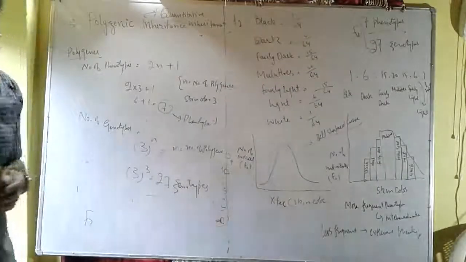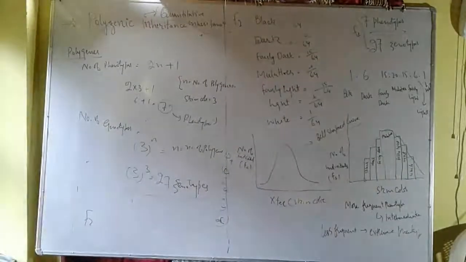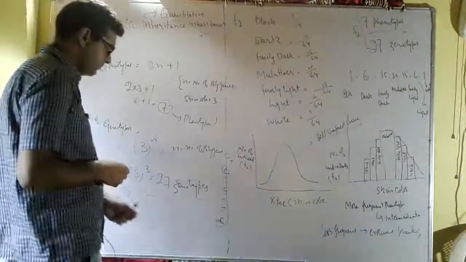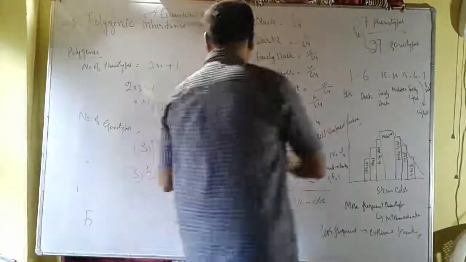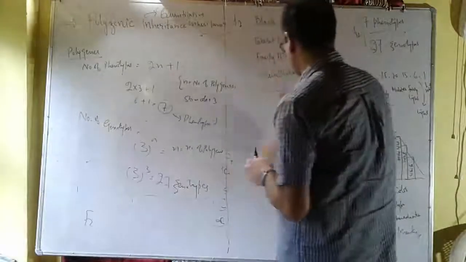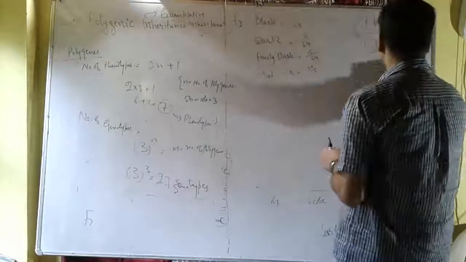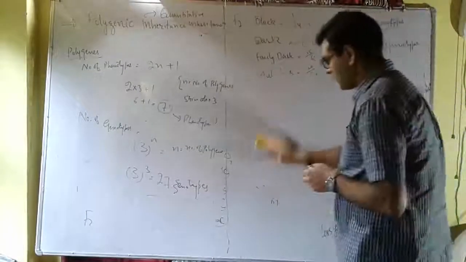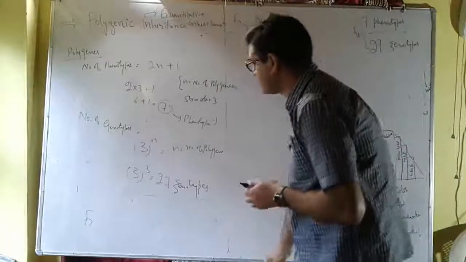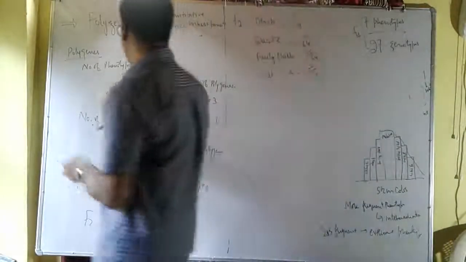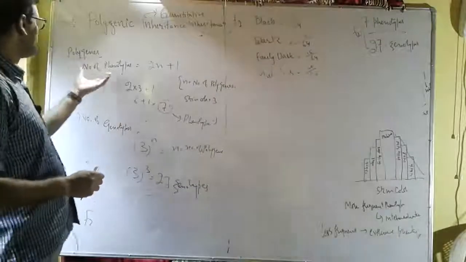So how can we calculate the number of phenotypes in case of polygenes?